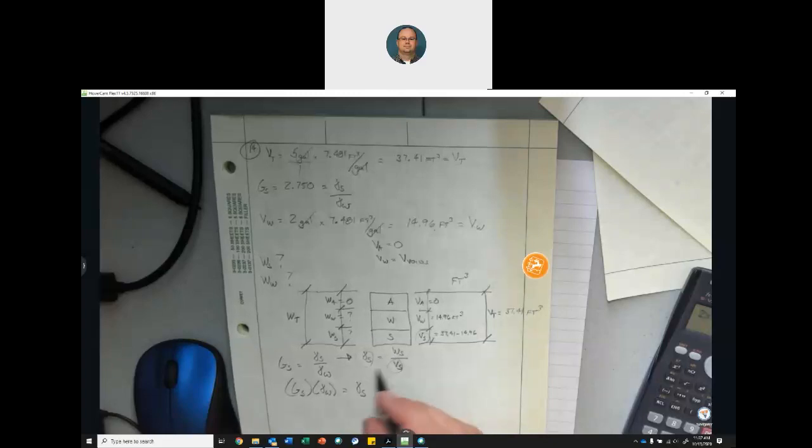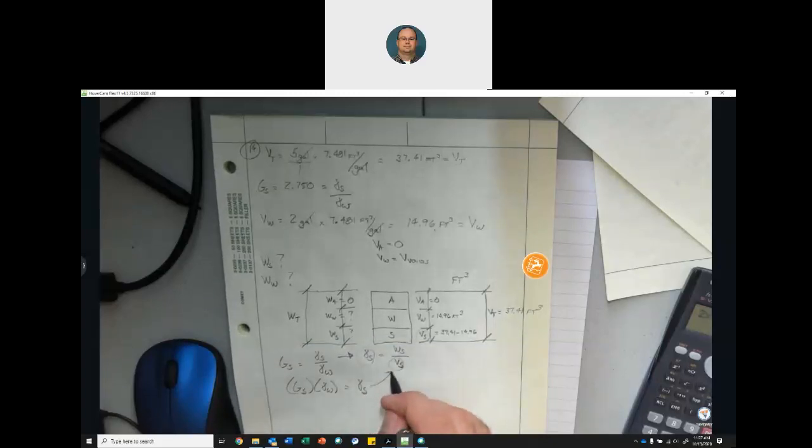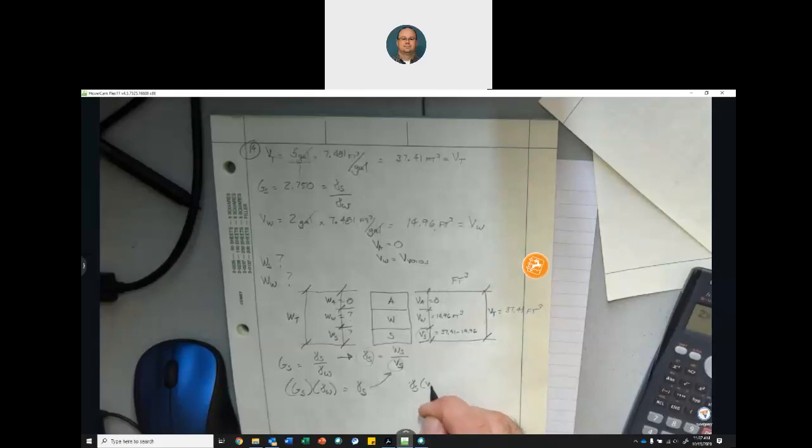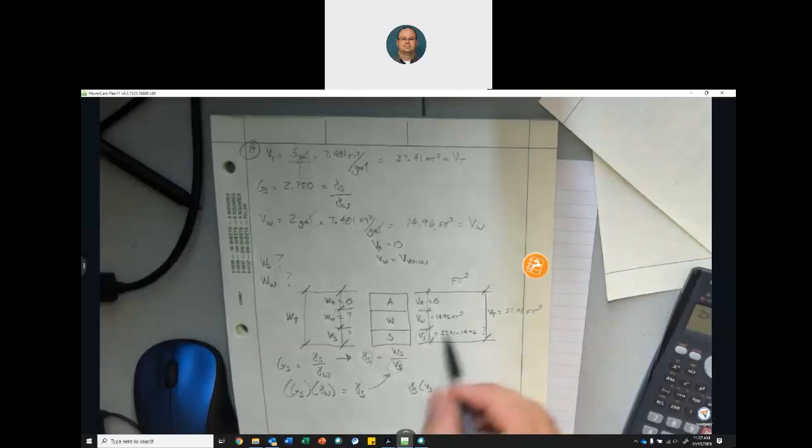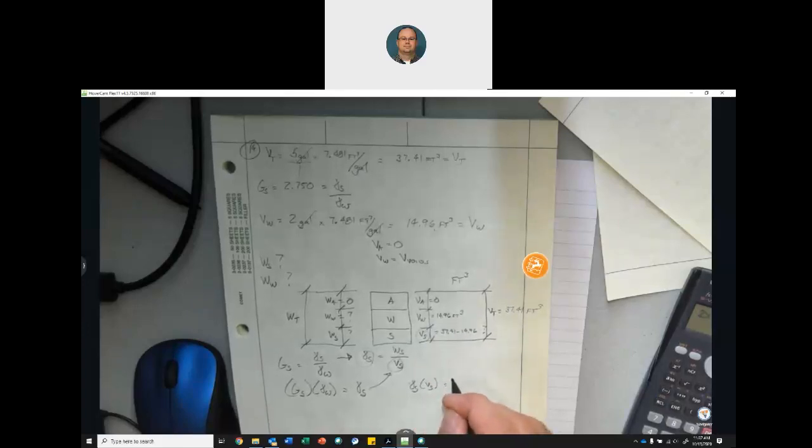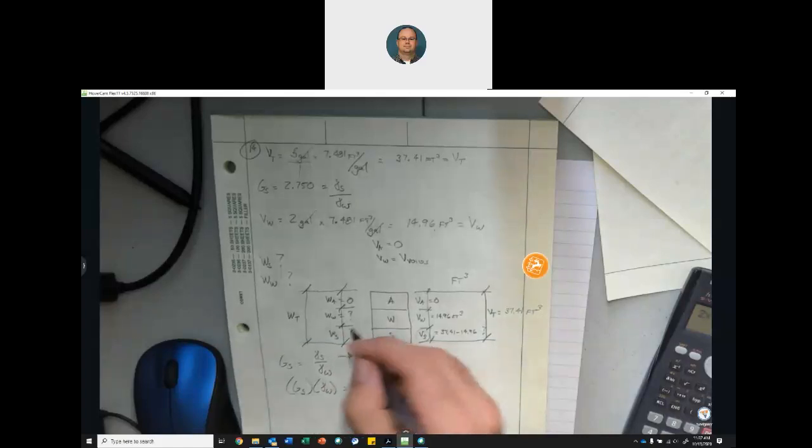Once I know my unit weight of solids, I plug it into this equation. Now I can take unit weight of solids times the volume of solids, because I already calculated it right here, and that equals my weight of solids. So now I found my weight of solids.